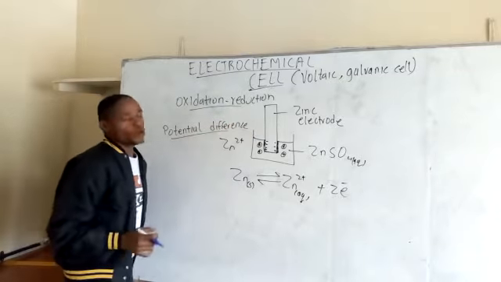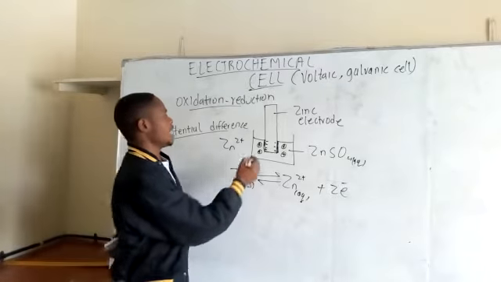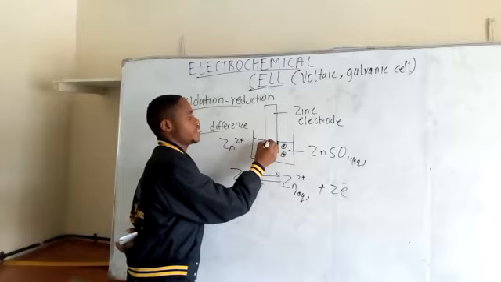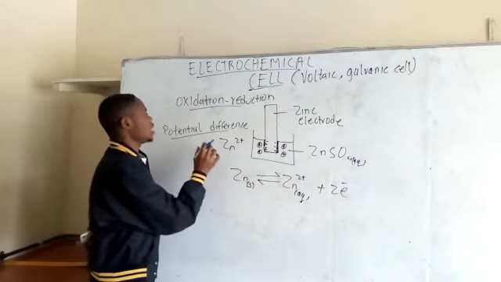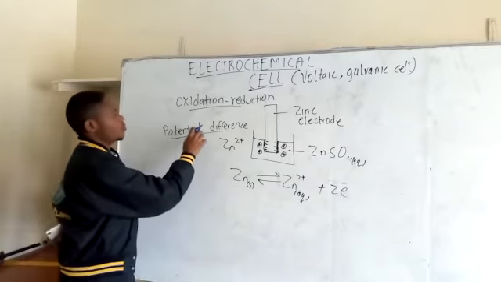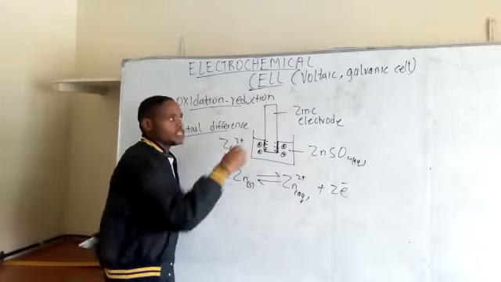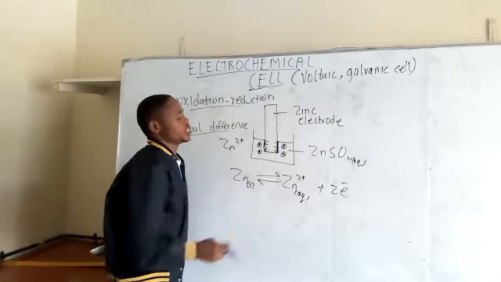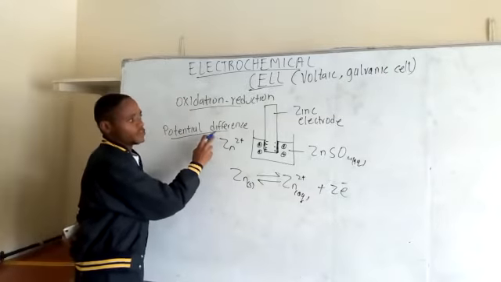Here we have the positive charges and here we have the negative charges. They are separated. When you separate oppositely charged charges, we normally develop what we call the potential difference. So when you dip a metal into its solution, it normally develops a potential difference.